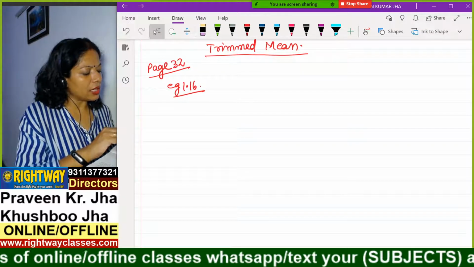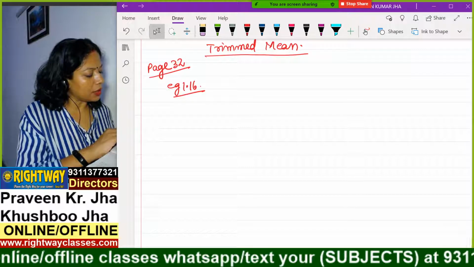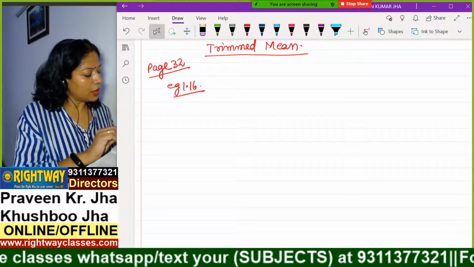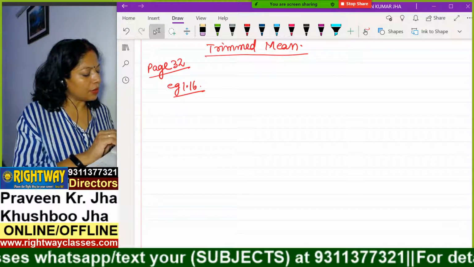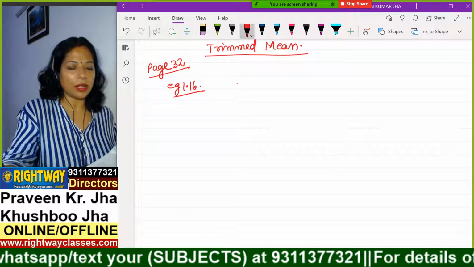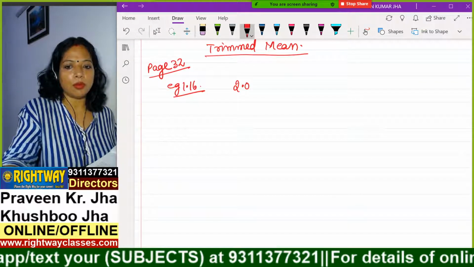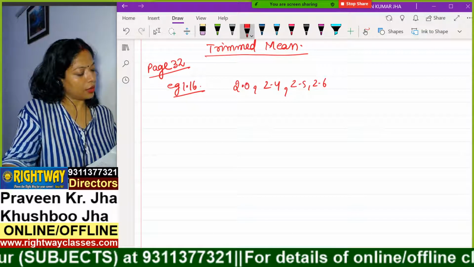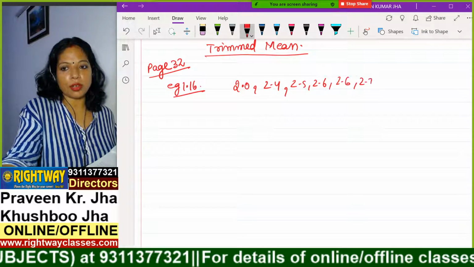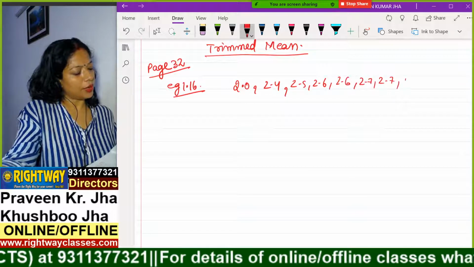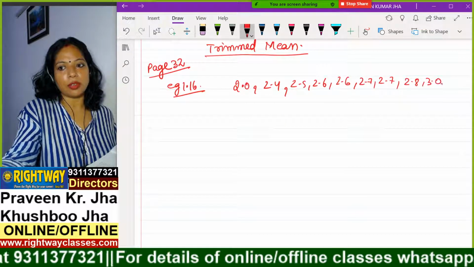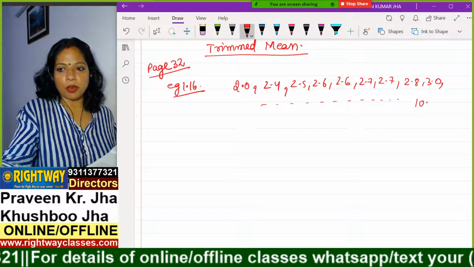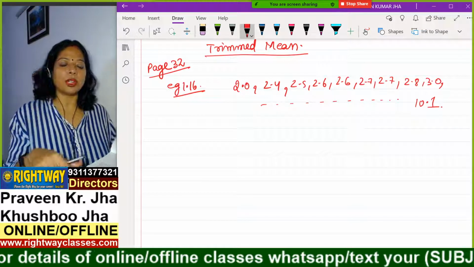From an alloy containing primarily zinc along with some copper, consider this, listed in increasing order. Some data values are given, like 2.0, 2.4, 2.5, 2.6, 2.6, 2.7, 2.7, 2.8, 3.0, so many values. I can't copy all the values, but I am counting from the book.